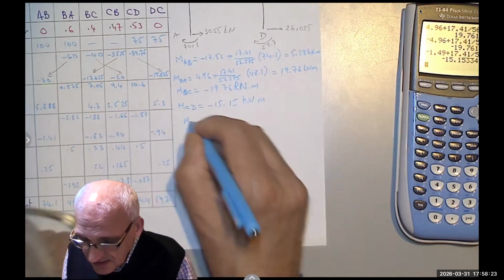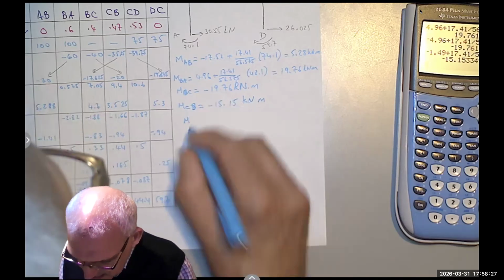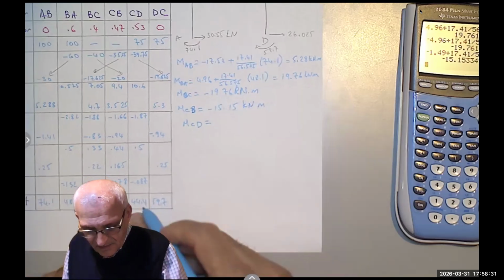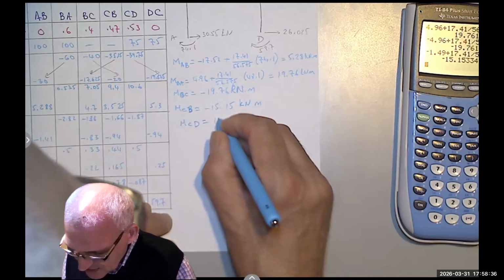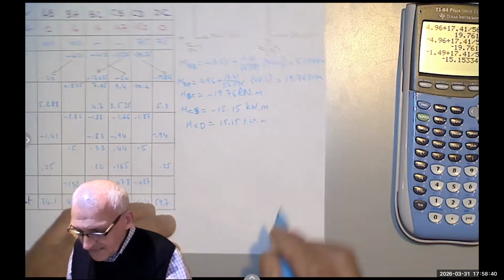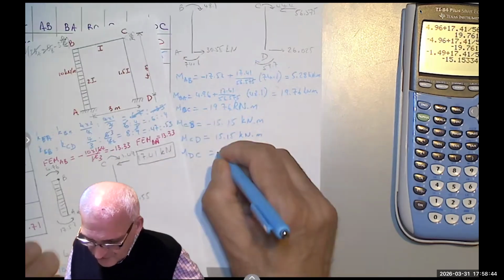So MDC, no, I'm sorry, this is MCD. MCD would be the same, but positive, right? Because same number, but in positive. So there is no reason to repeat the same calculation. And finally, MDC would be 0.71.